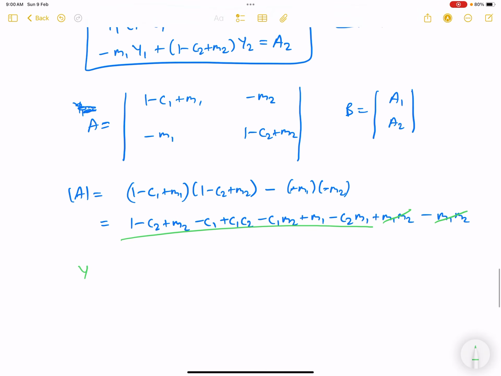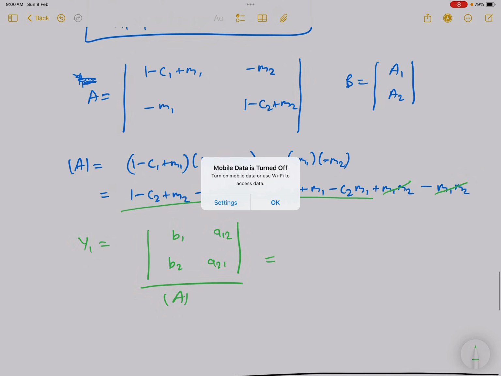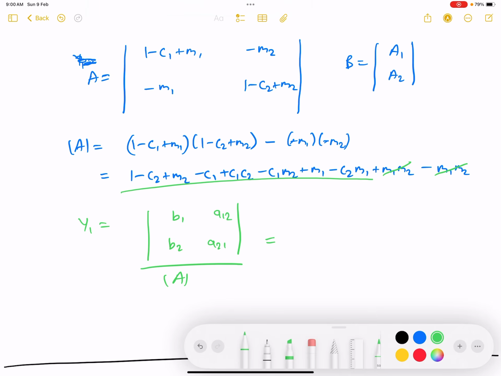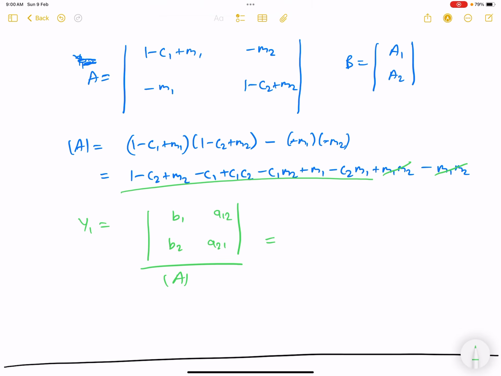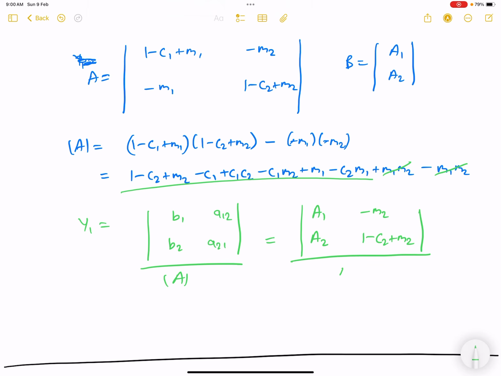So y1 would be b1 b2 into a12 a21 upon A determinant. This is nothing but b1 is a1 a2, this is minus m2, 1 minus c2 plus m2, upon A determinant.